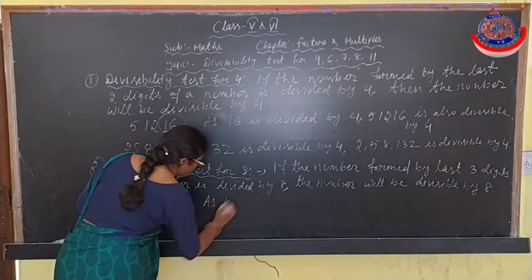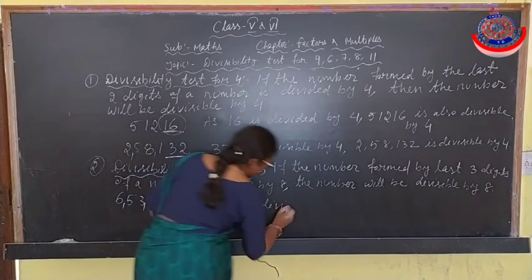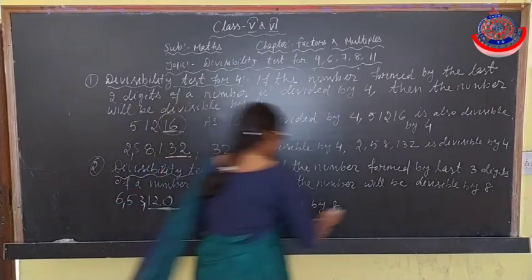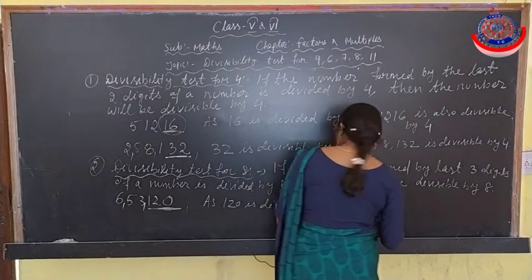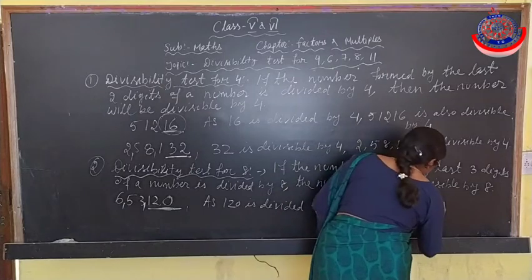As 120 is divided by 8, 6,53,120 is divisible by 8.